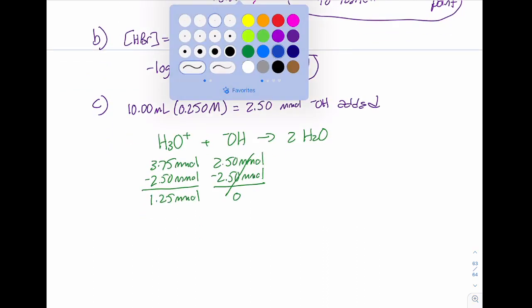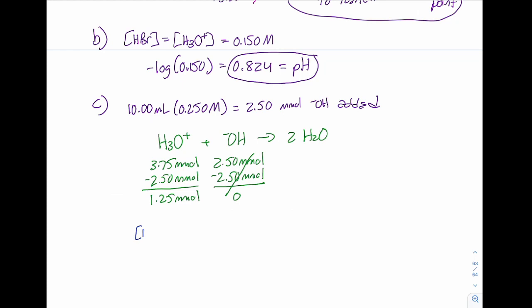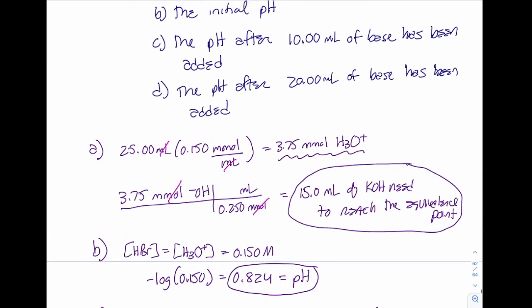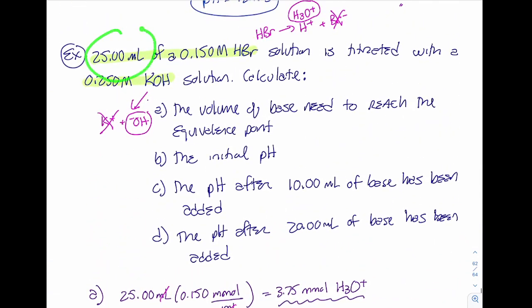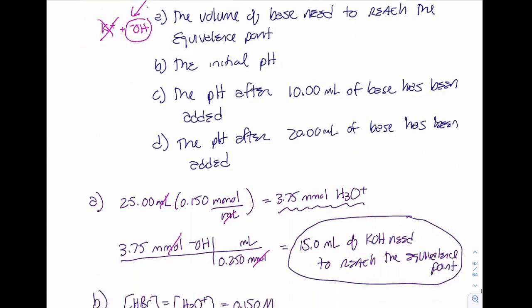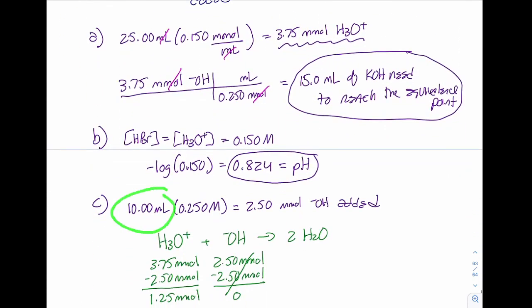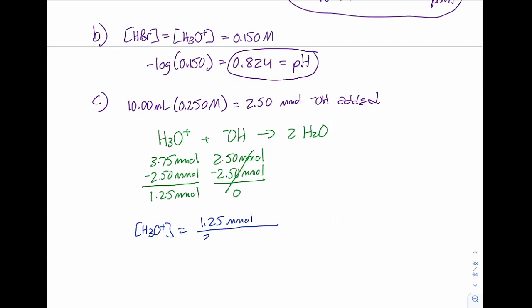To get the pH then, we need the concentration. So we're going to take the number of millimoles and divide it by our total volume. So we started out with 25 milliliters, right? That's the amount of acid we have in our Erlenmeyer flask. And then we've added 10 milliliters from the burette to it. So we currently have 35 milliliters total volume.